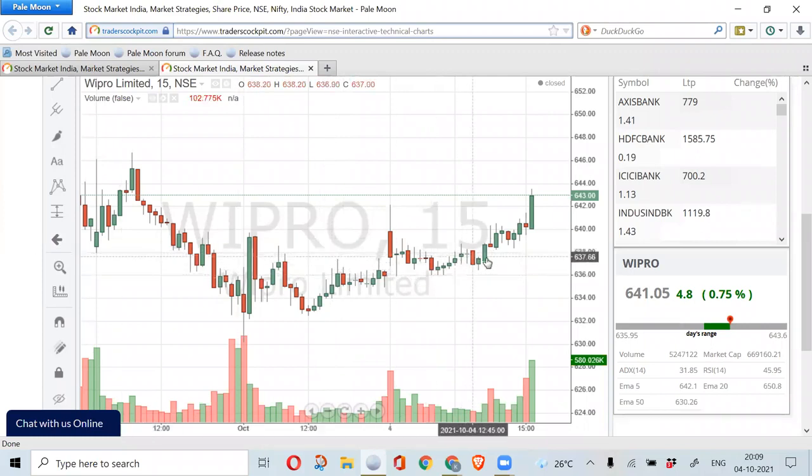12 o'clock, 1:30. Exactly at this candle, if you see, it started going into bullish, and the software had told us that you can enter in bullish conditions.